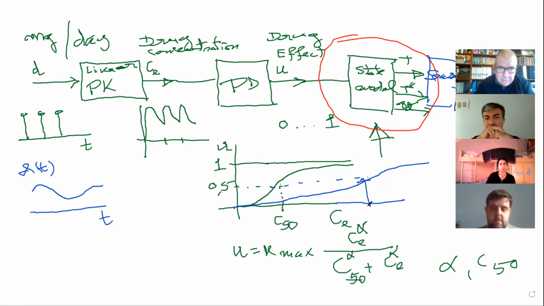So you can easily model drug resistance by having algorithms to manipulate C50 as a function of the effect concentration.